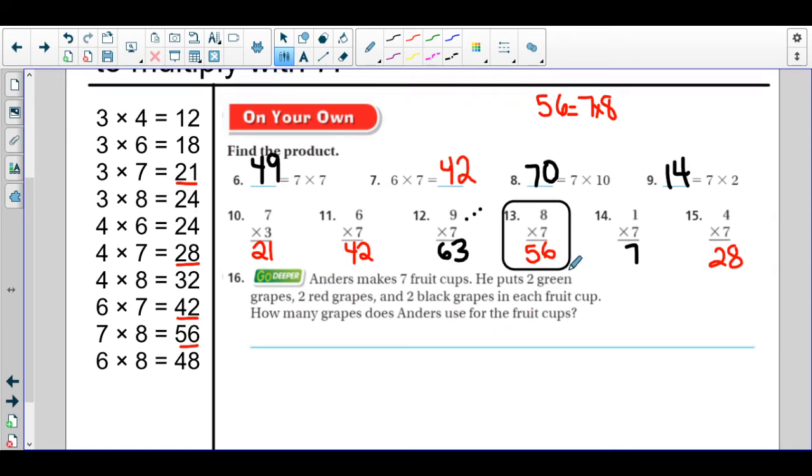Let's look here. Anders makes 7 fruit cups. He puts 2 green grapes, 2 red grapes, and 2 black grapes in each fruit cup. How many grapes does Anders use for the fruit cups? Okay, so he's going to make 7 cups.